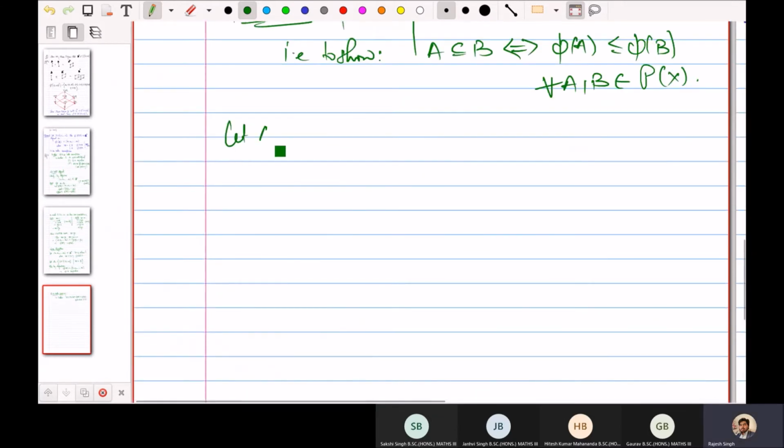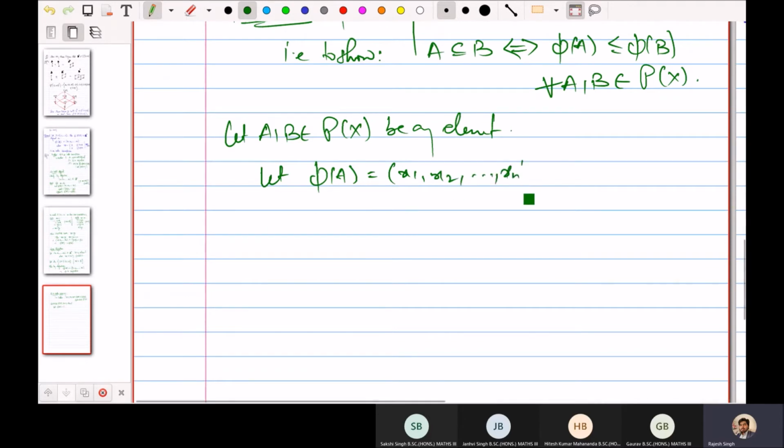So let A, B belong to P(X) be any element. Let phi(A) equal to x1, x2, ..., xn, phi(B) equal to y1, y2, ..., yn.